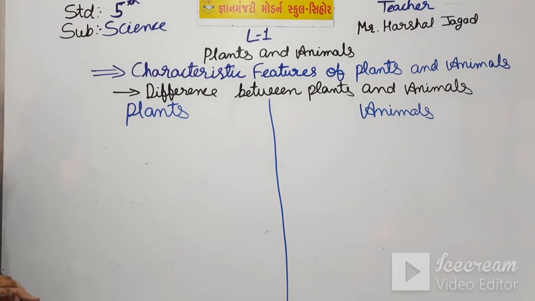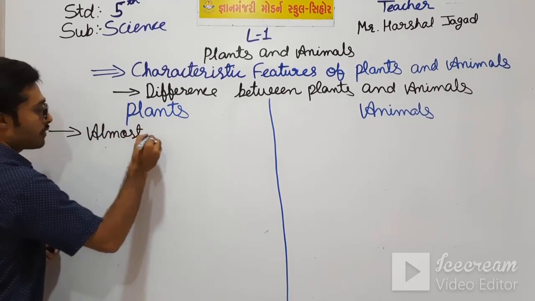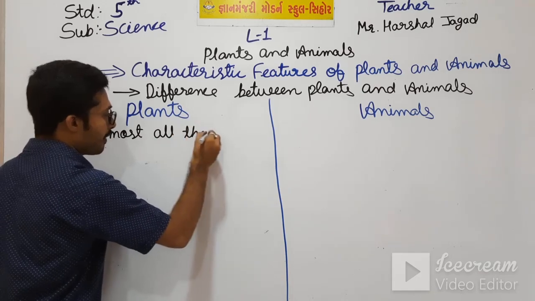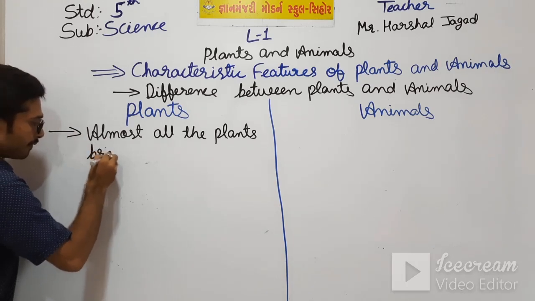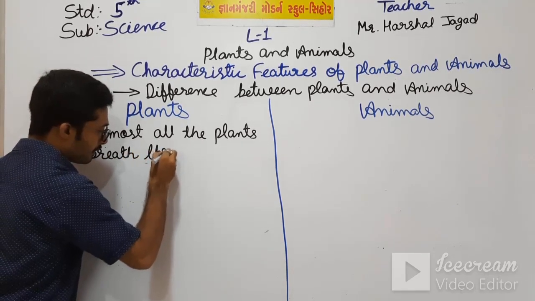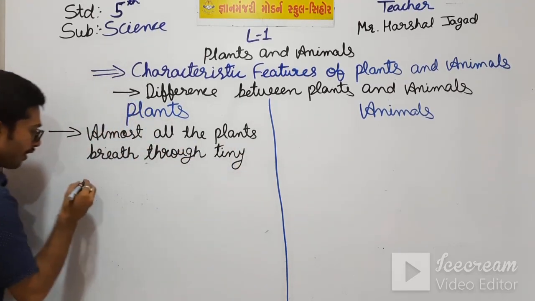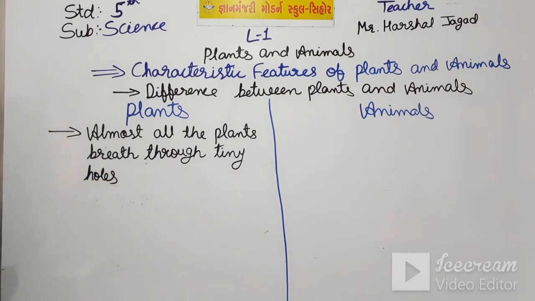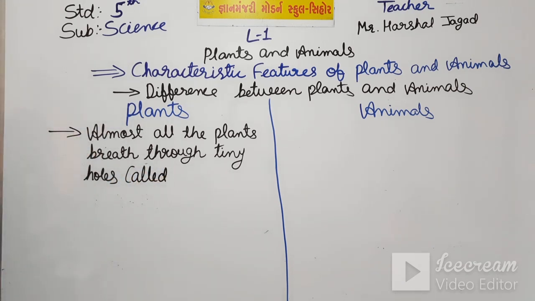So, in the plant, the first point is almost all the plants breathe through tiny holes called stomata.